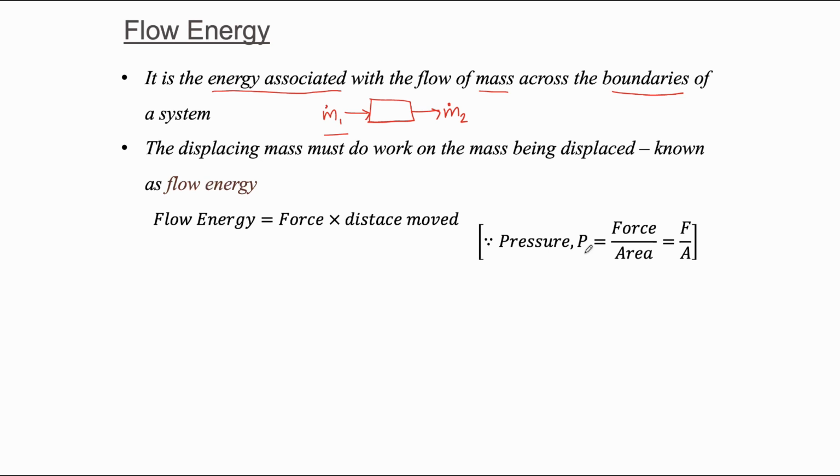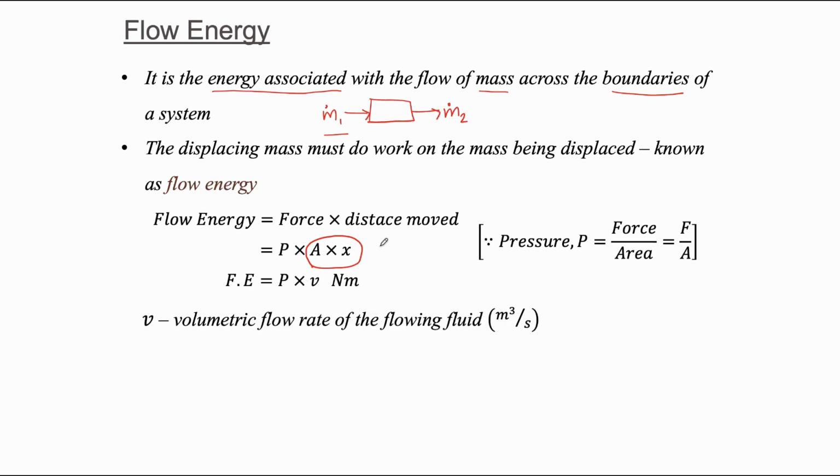So we can write the flow energy as force, that is pressure times area, times the distance moved. This area times distance can again be written as volume or volumetric flow. So the flow energy equation becomes pressure times volumetric flow, and the unit is Newton meter. The unit of volumetric flow rate of the flowing fluid is meter cube per second.